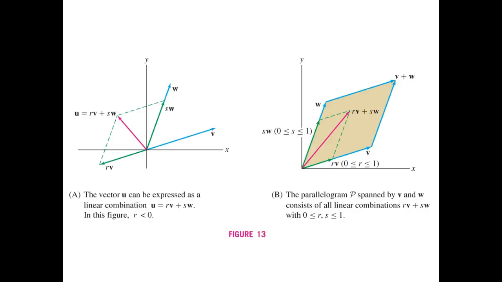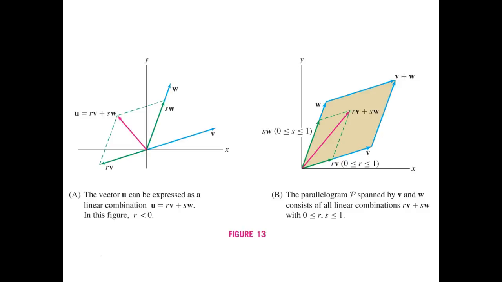So if this is v, you're adding a negative to it, so it'll go in the opposite direction, but it's a scalar whose magnitude is between 0 and 1, so that's going to make this shorter. So there's rv. Add to that sw. Now, s in this case is also less than 1, a positive number less than 1.